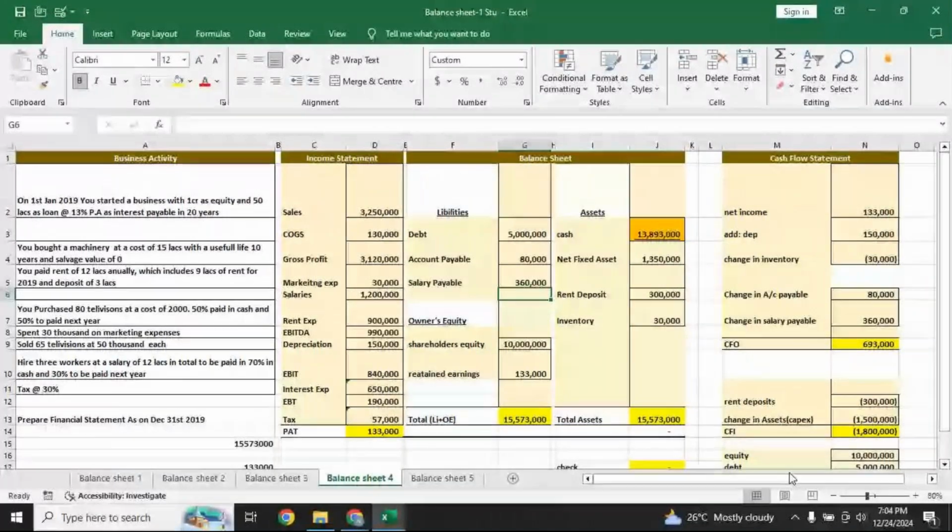Any doubts, please ask. If this is done, try solving balance sheet 5.